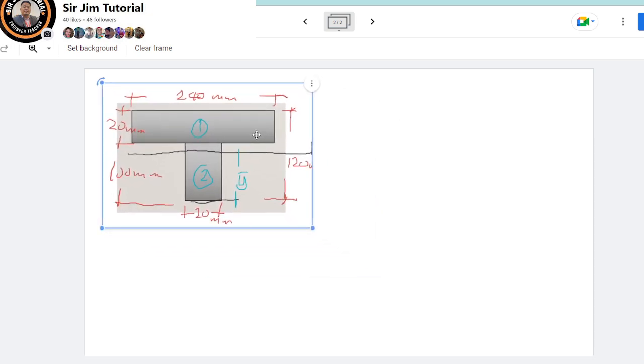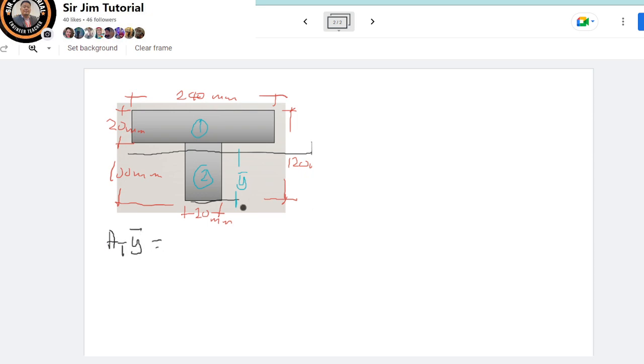So we already have the total area computed, so we can use this formula, the Varignon formula: the total area multiplied by the centroid coming from the bottom, equals area 1 times y1, plus area 2 times y2.